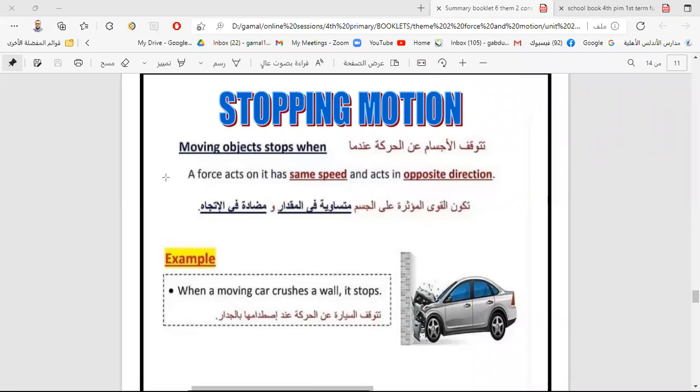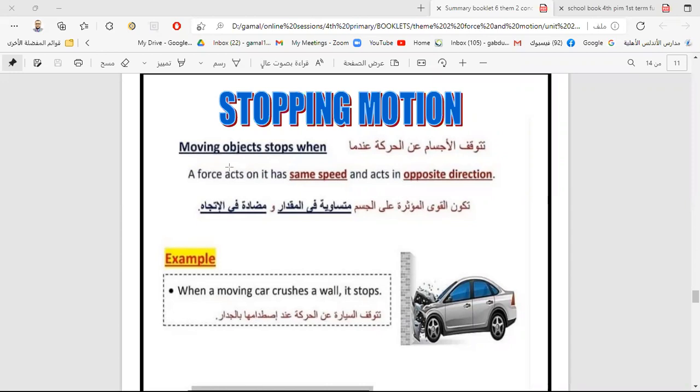Why? Because two opposite and equal forces act on your body. So it is a balancing force. The two forces are equal and balanced or unbalanced? Balanced.